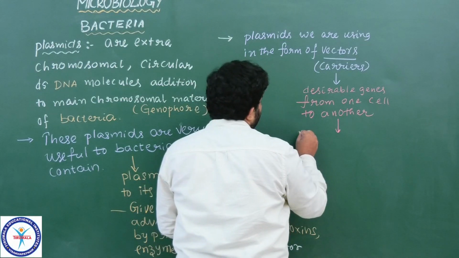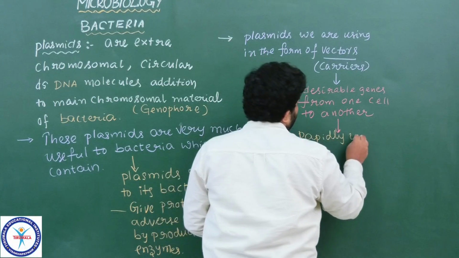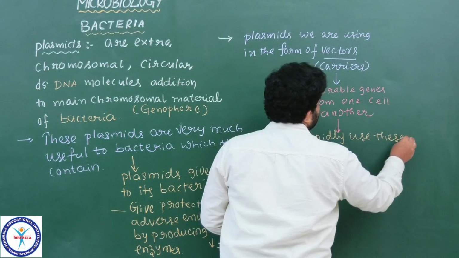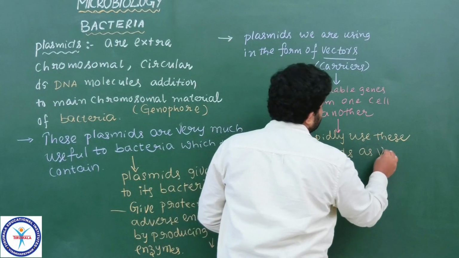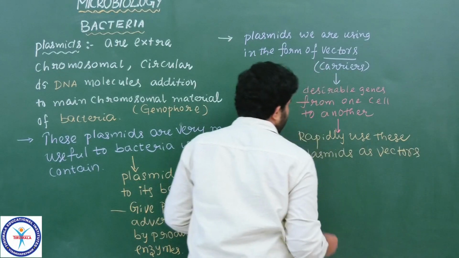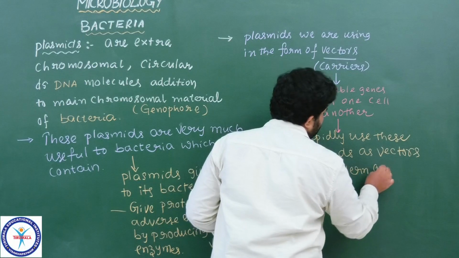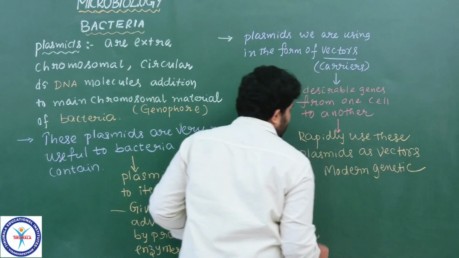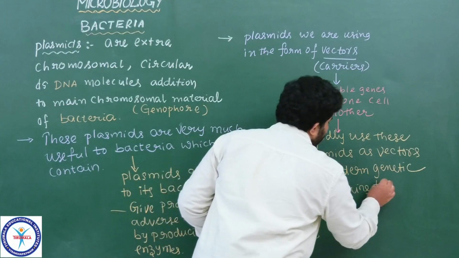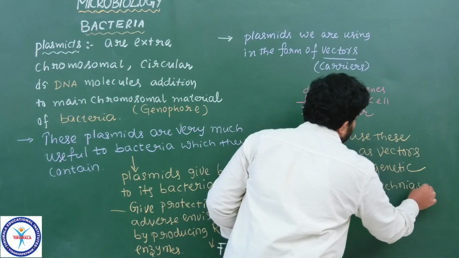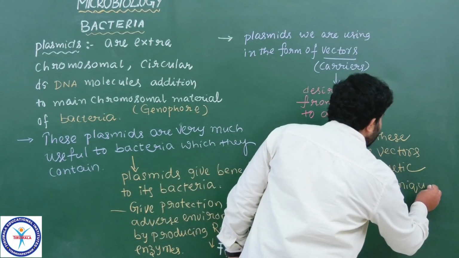We often use these plasmids as vectors in modern genetic engineering techniques. This we will discuss again in another chapter in the second year.